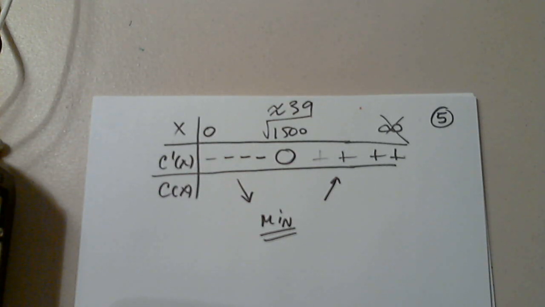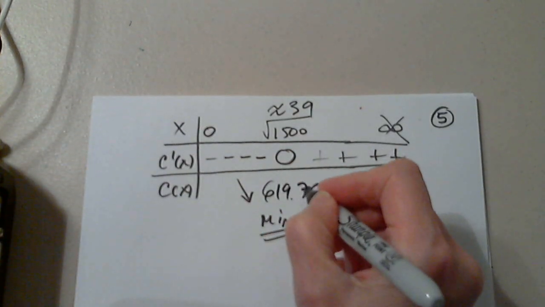Okay, so we have 8x, and then a plus 12,000 divided by x. And now I go to second and table. I'm going to put 39, although it's a little bit less. So I have 619.70.